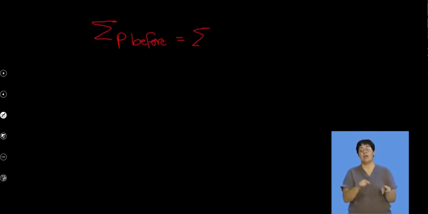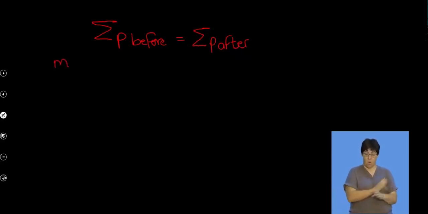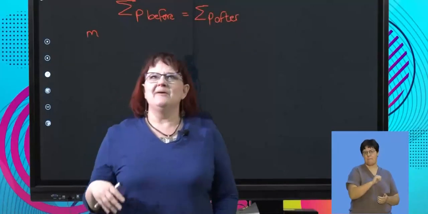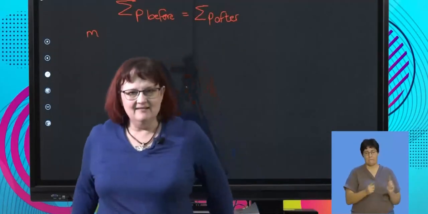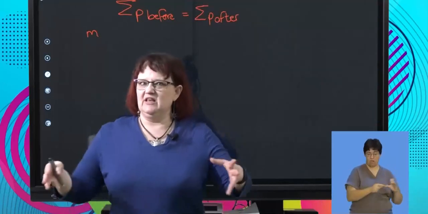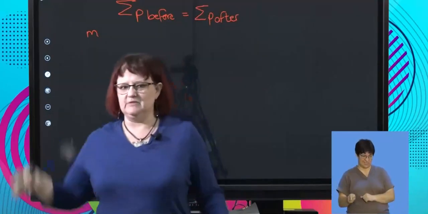My total momentum before is going to equal the total momentum afterwards. So before the collision, now what I'm going to do is we can use M1, M2, etc., but we've got a ball and a container, and sometimes we need to try and keep track of which one was 1 and which one was 2.